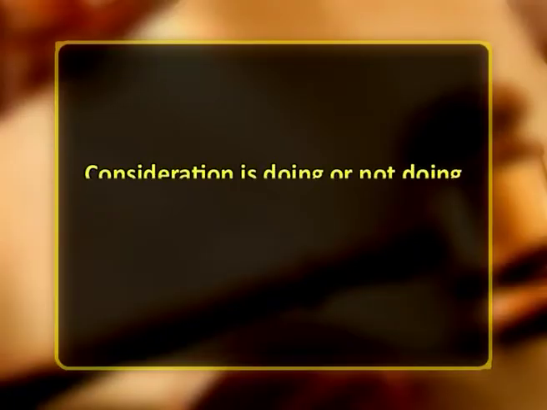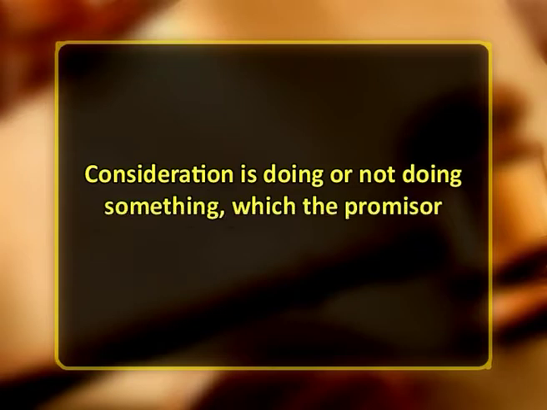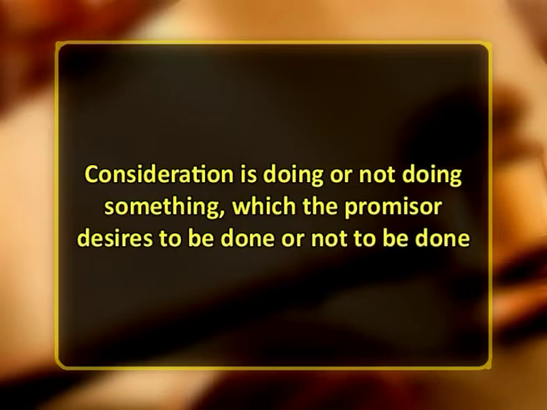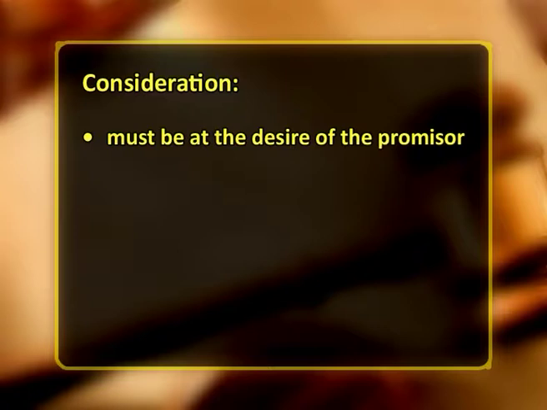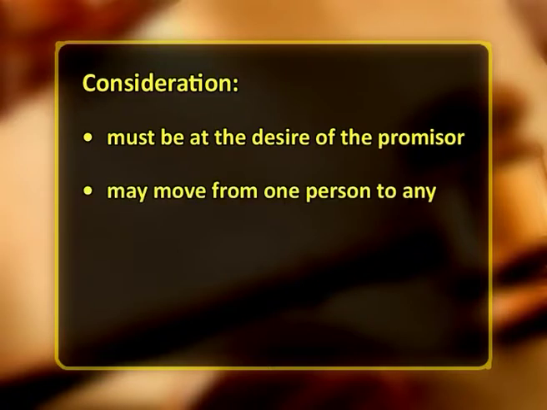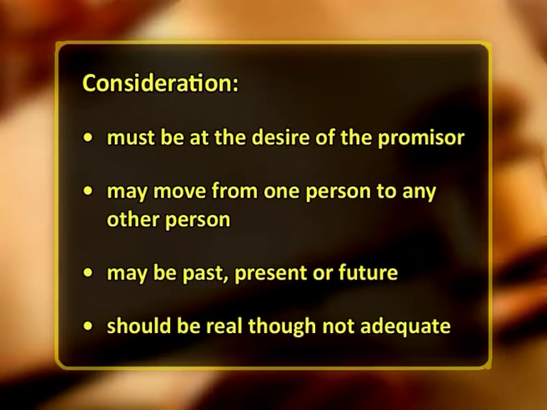From the definition, we can conclude that consideration is doing or not doing something which the promisor desires to be done or not done. Consideration must be at the desire of the promisor. Consideration may move from one person to any other person. Consideration may be past, present or future, and consideration should be real though not adequate.